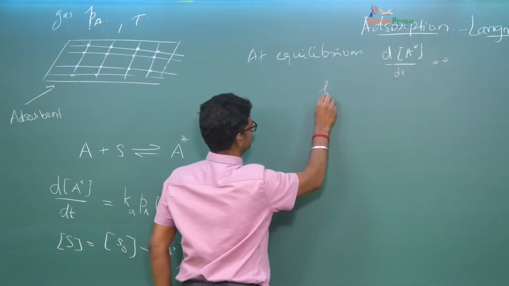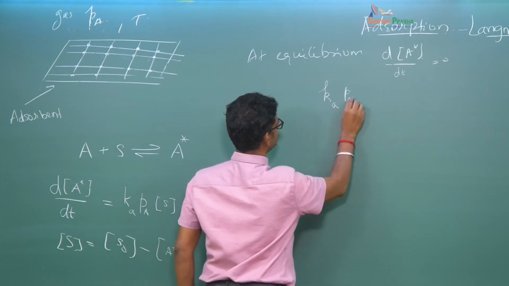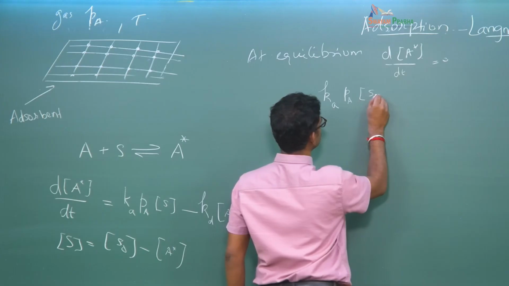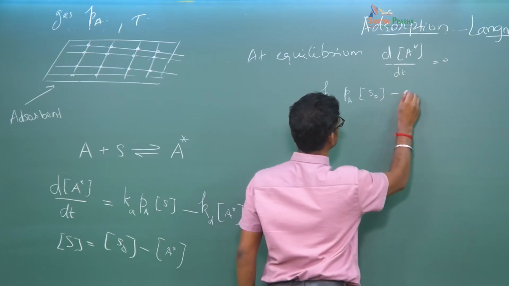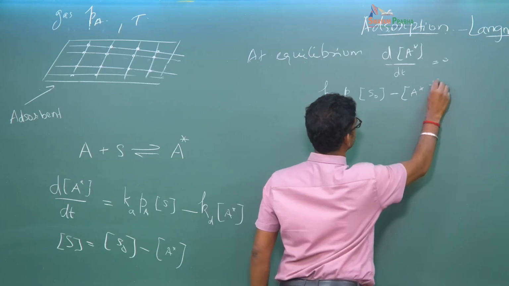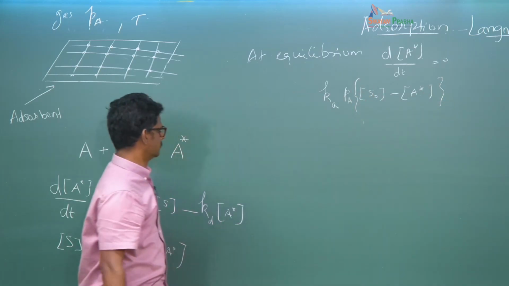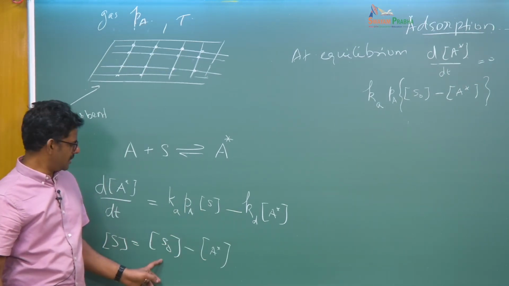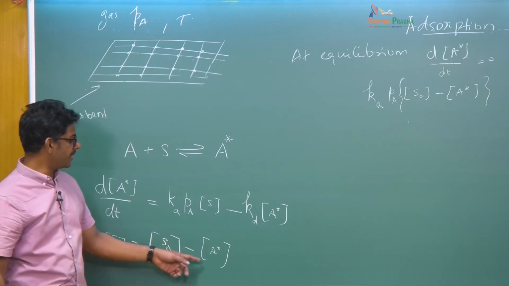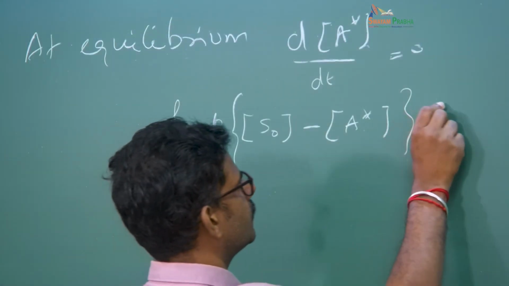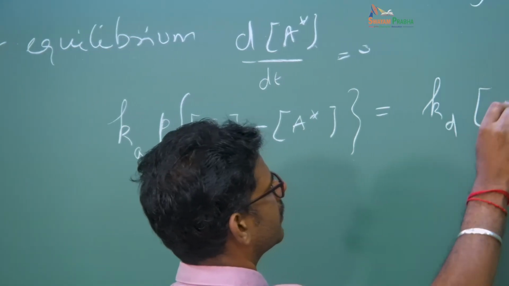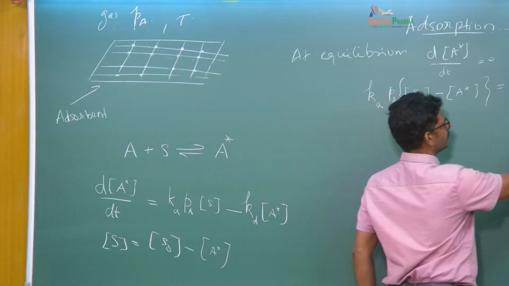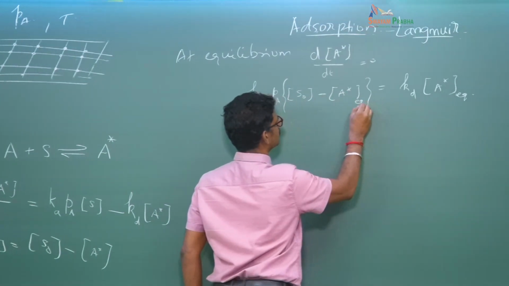That means Ka Pa times S, and this S is now written as the total number of sites minus the concentration of adsorbed ones, should be equal to Kd times A star. And we say this is at equilibrium.